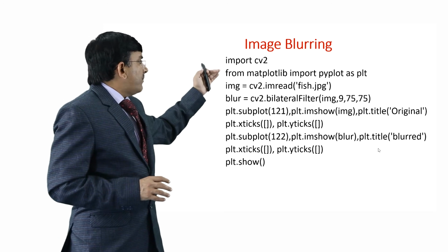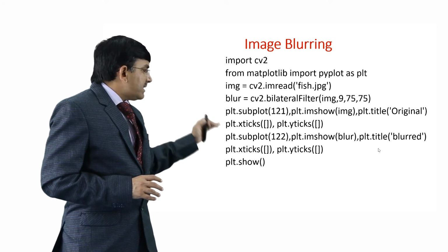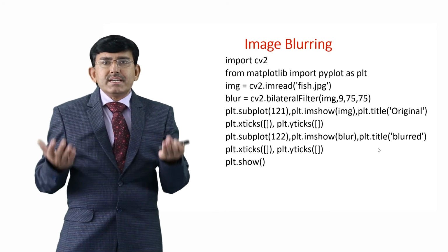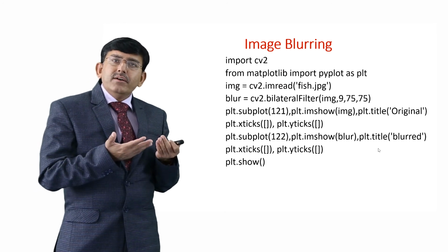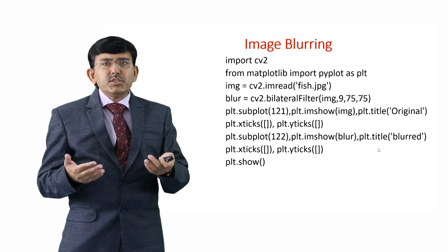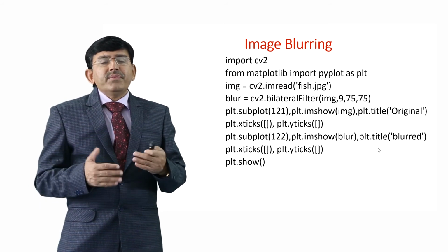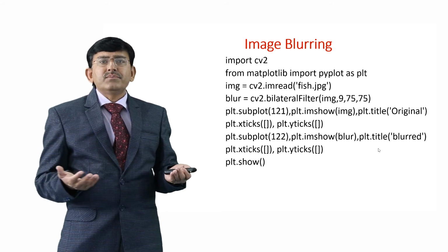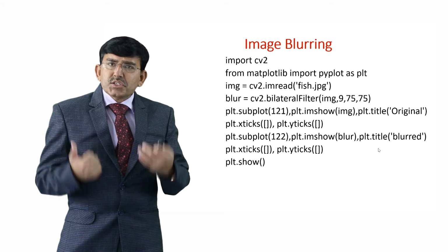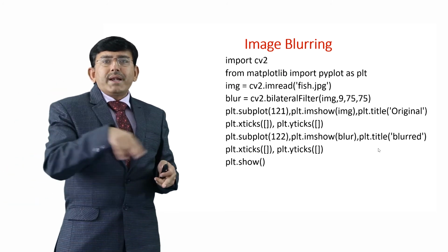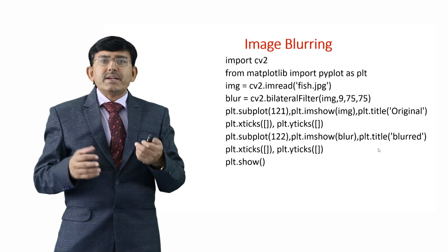Now we have a program as a group of statements required to process this using the function we have just discussed in the earlier slide, which begins with reading and forming a kernel named bilateral filter, then displaying the output in one figure window by dividing it into respective quadrants.